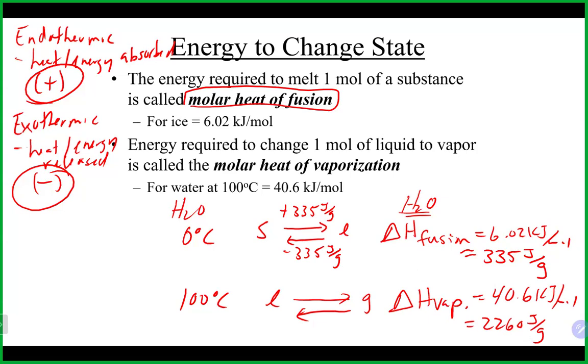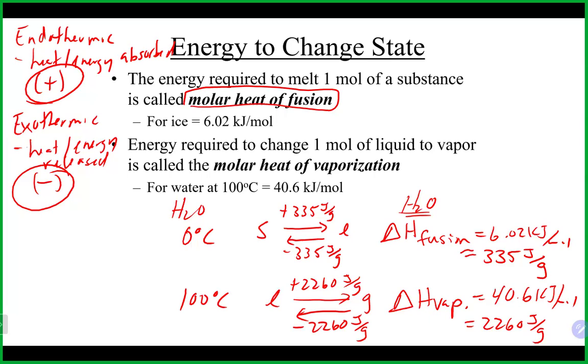Going from liquid to gas is an endothermic process, so you would have to put in 2260 joules per gram of water. Going from gas to liquid, you would have to remove or release 2260 joules, in the opposite direction. We can see from these two numbers that it takes more energy to do solid to liquid or liquid to gas.